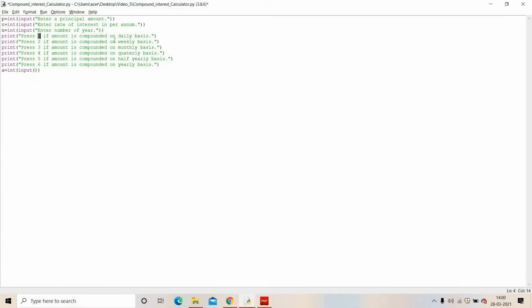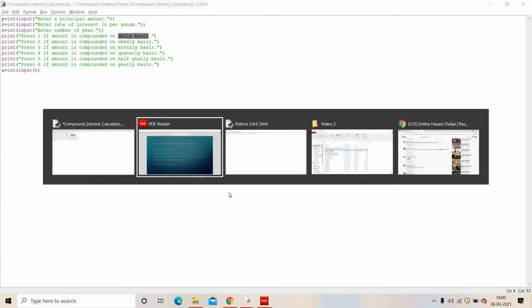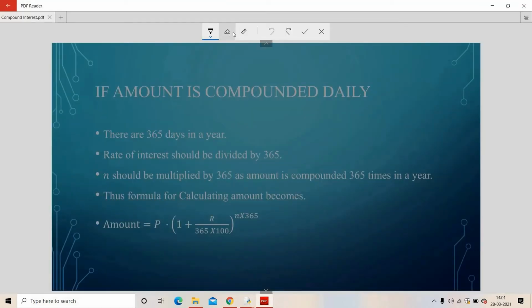If user press 1, then calculator will compute compound interest on daily basis. To calculate compound interest on daily basis, we have to divide rate of interest by 365 and we have to multiply n by 365.